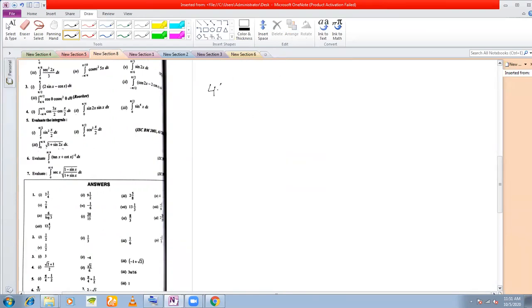It is 4-3. The question here is: evaluate the integral from 0 to pi by 2 of sine to the power of 4 x dx. So we first evaluate this as an indefinite integral.